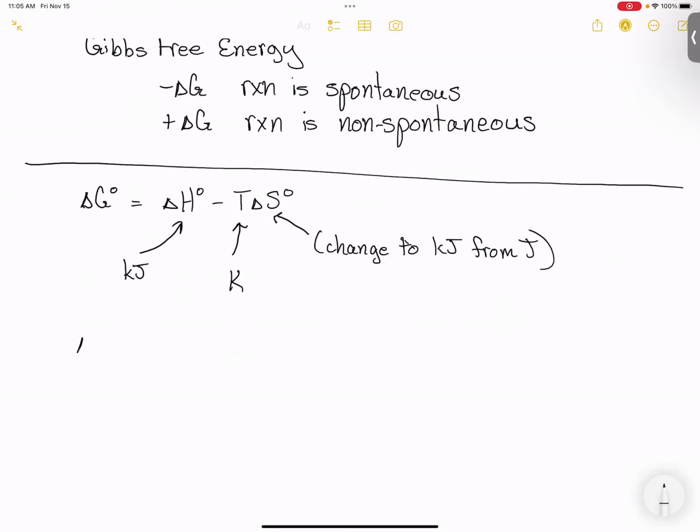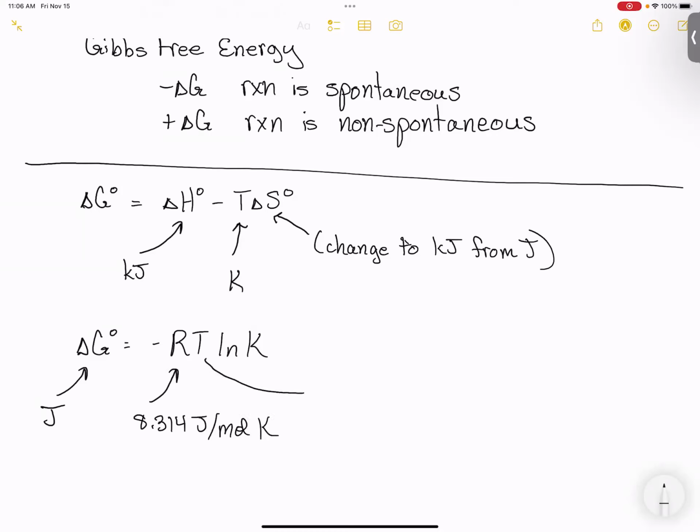For delta G naught is equal to negative RT natural log of K, the delta G naught will need to be in joules. That is because the R we will use is 8.314 joules per mole Kelvin. That forces our temperature to be in Kelvin.